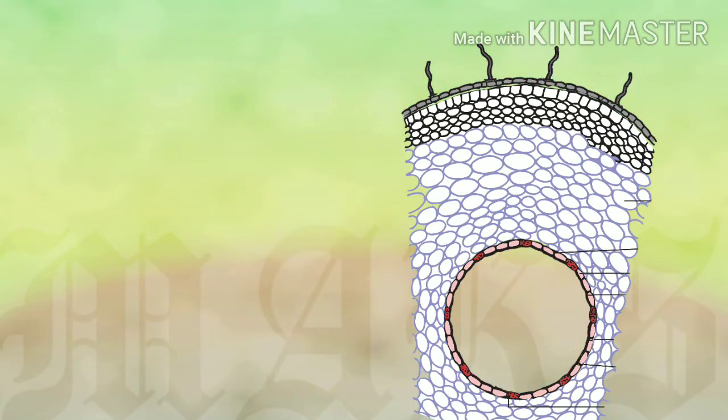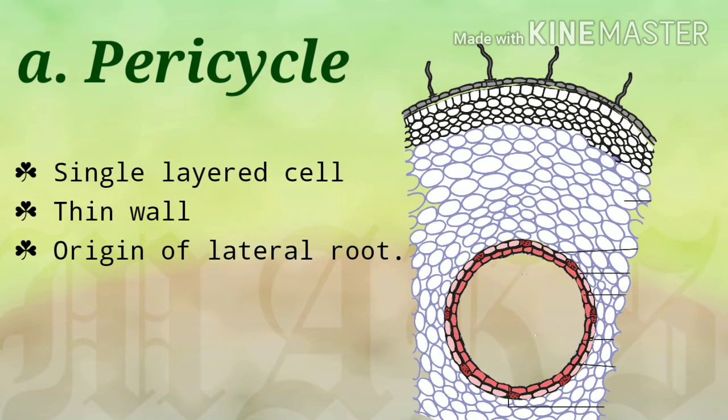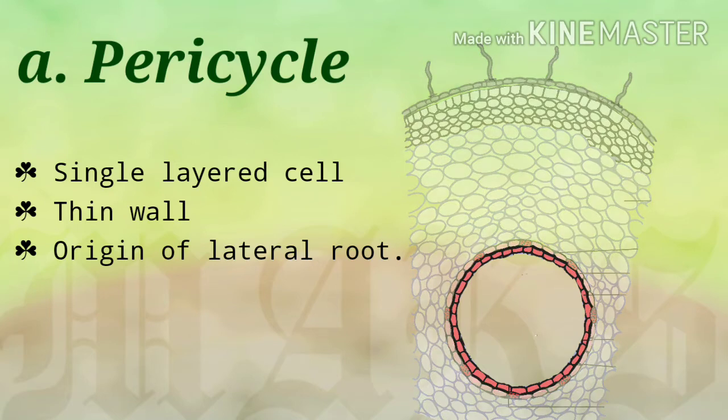The first type of tissue in stele is the pericycle. Pericycle is a single layered thin walled cells. These cells are the site of origin of lateral roots. From these cells, the lateral roots grow.